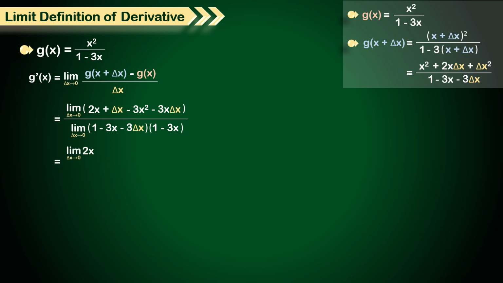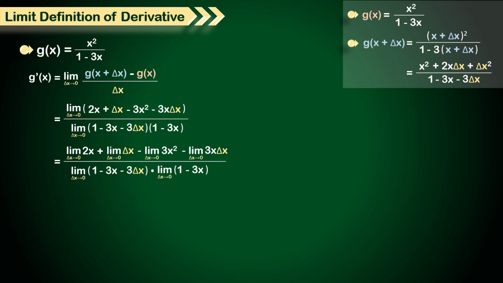We have limit of 2x as delta x approaches 0 plus limit of delta x as delta x approaches 0 minus limit of 3x squared as delta x approaches 0 minus limit of 3x delta x as delta x approaches 0, over limit of 1 minus 3x minus 3 delta x as delta x approaches 0 multiplied by the limit of 1 minus 3x as delta x approaches 0.